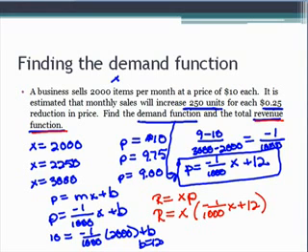If we multiply that out, we would get negative 1/1000 x squared plus 12x. So that's just the formula for the revenue.